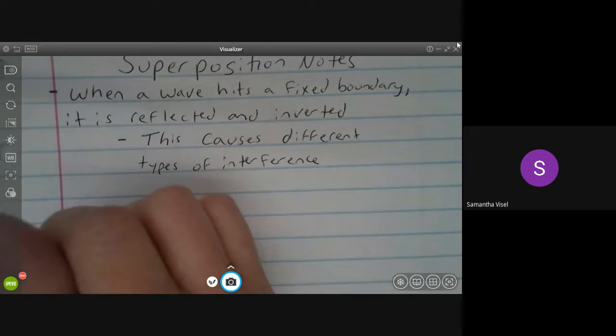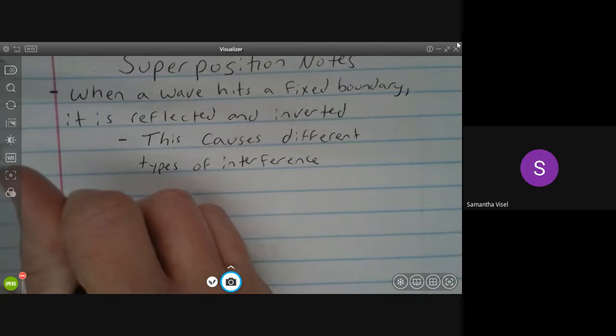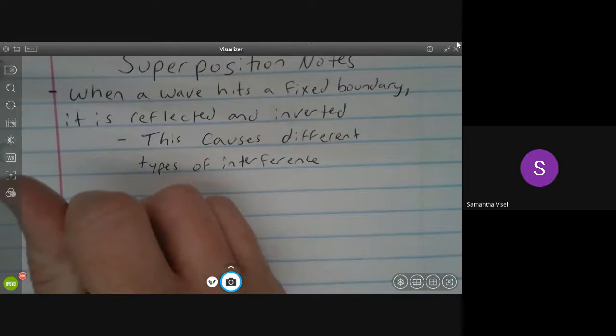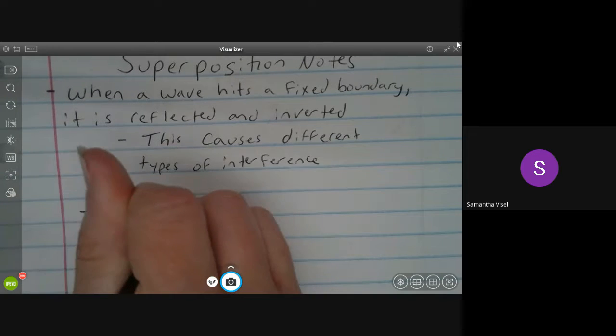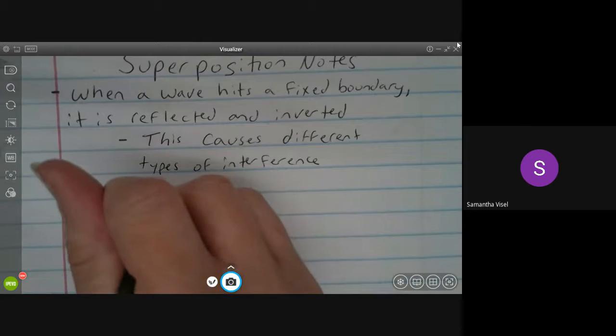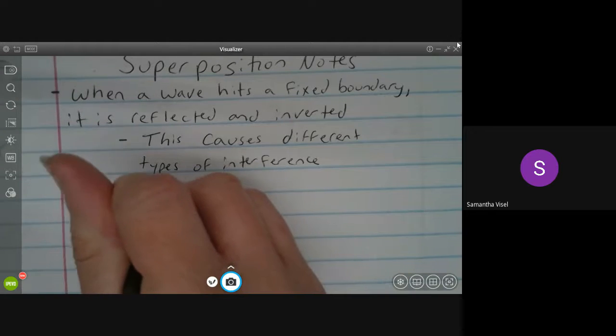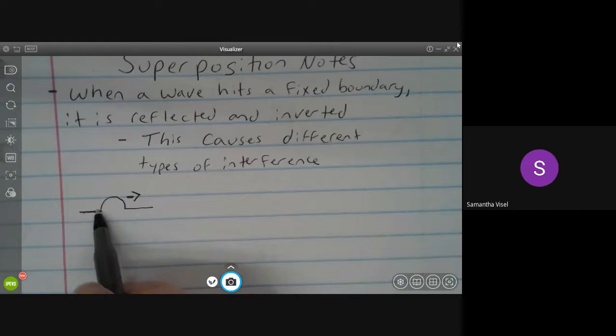So first, though, just so you can visualize reflection and inversion. For these types of problems, we're going to assume we have a wave pulse that's traveling through a medium. So let's say we have maybe a rope attached to a wall. And so I snap the rope and it makes this wave pulse through the rope.